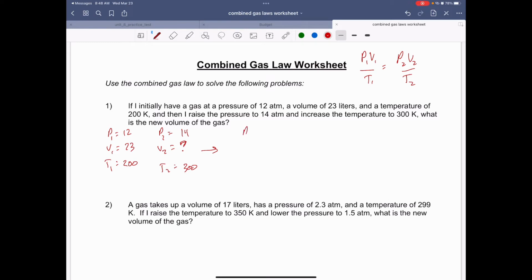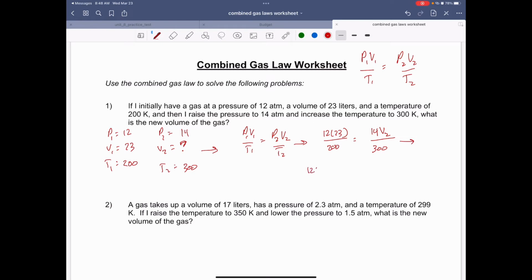So remember that P1V1 over T1 equals P2V2 all over T2. When I plug in my numbers, it's going to be 12 times 23 all over 200, and that's going to equal 14 times V2, which is what we don't know, divided by 300, right? So now it's just pure algebra. Got to solve for V2.